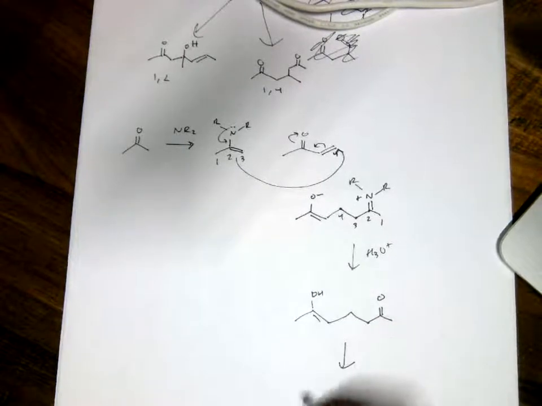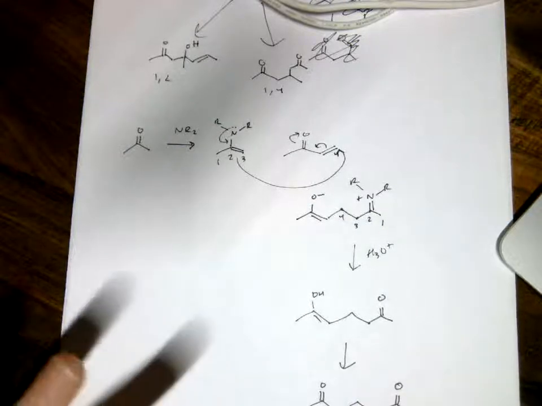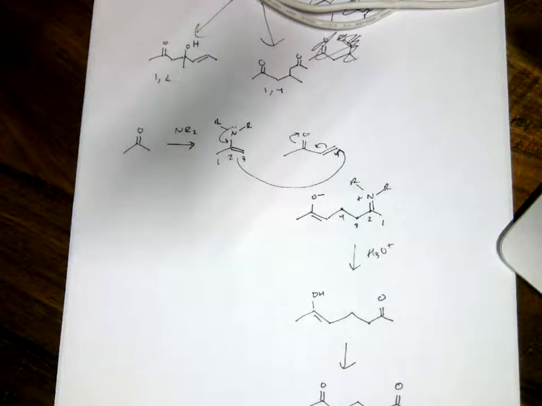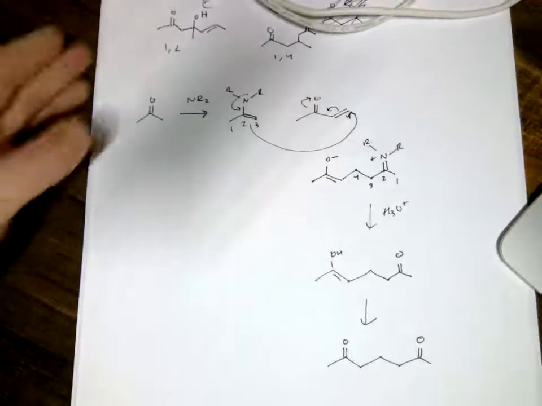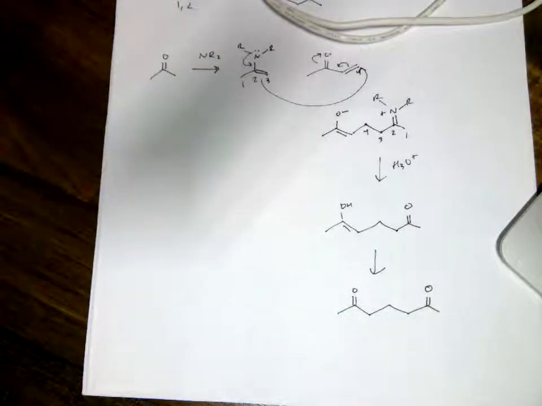And then the keto-enol tautomerization will take place. So you'll end up essentially with this. So basically, the Stork enamine reaction is just a way to force it into a 1,4 addition when you maybe wouldn't have gotten that otherwise.